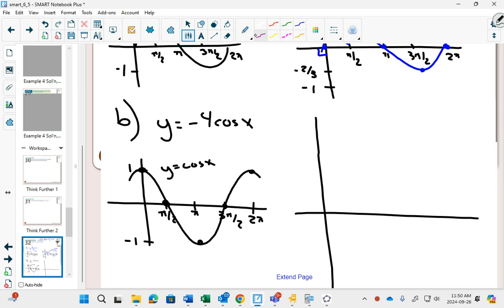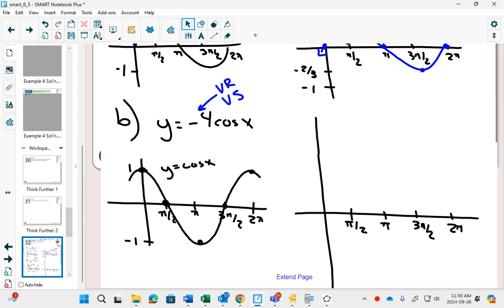Can you see that this, again, is a vertical reflection and a vertical stretch? So everywhere on my axis family where we had 0, it's still going to be 0. So those 2 points would still be at 0.